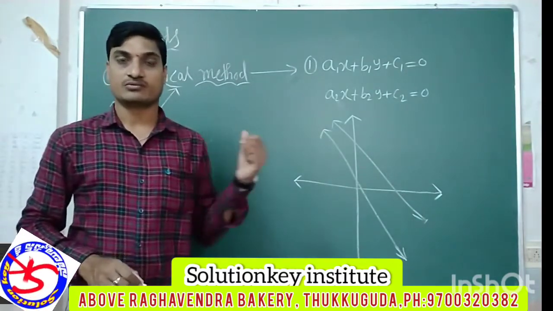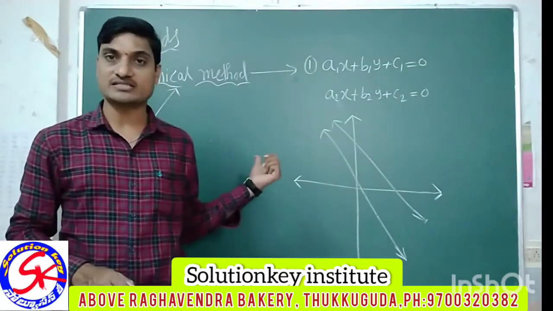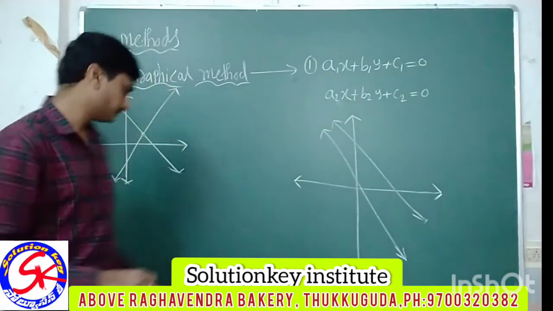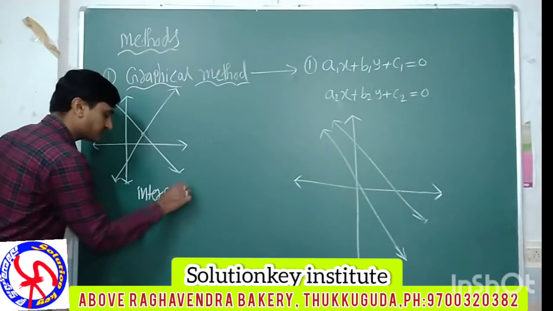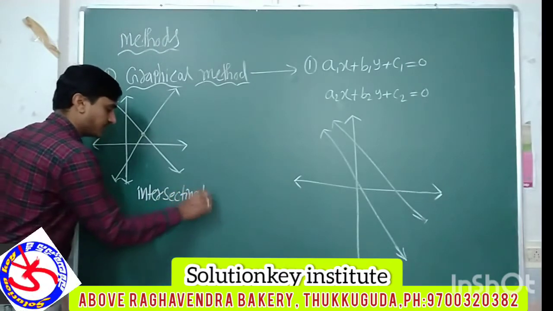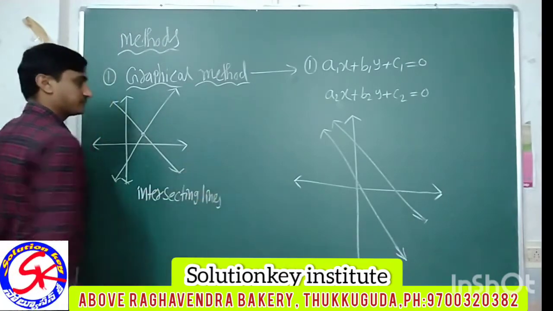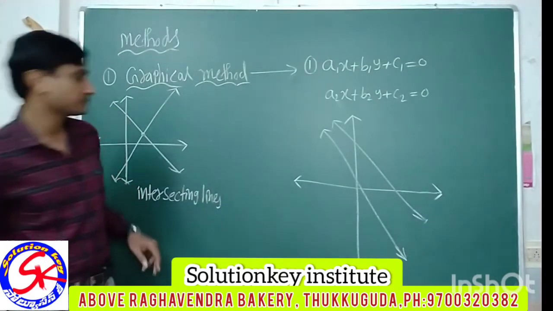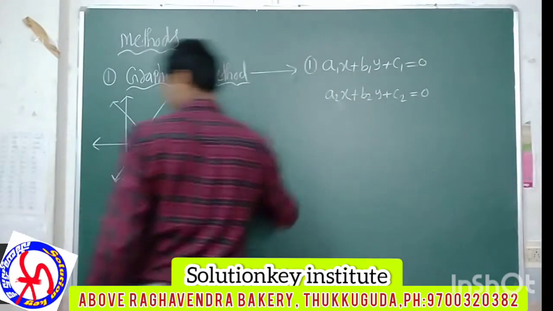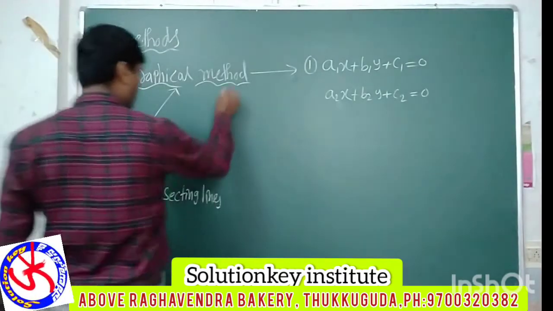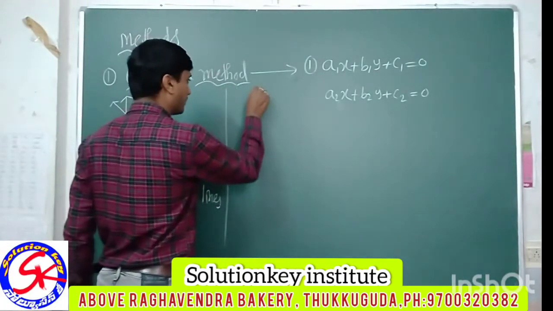Then what is the name for these two lines? Intersecting lines. That is the first condition. And one more graph sheet I am taking here.